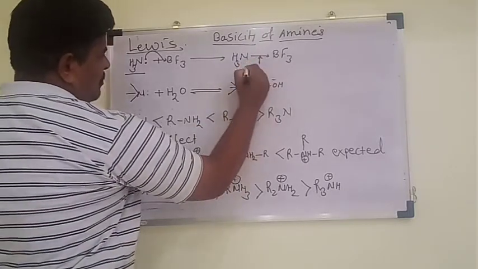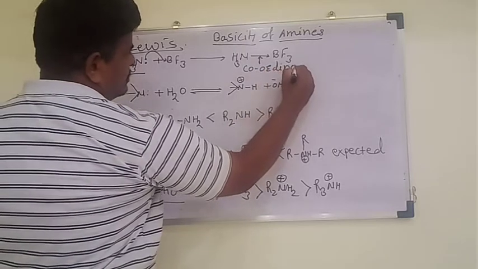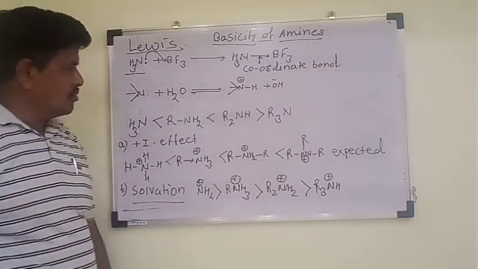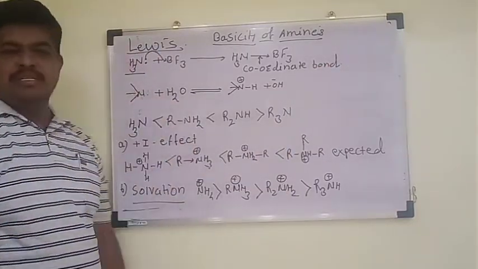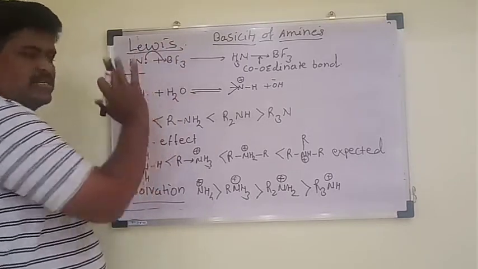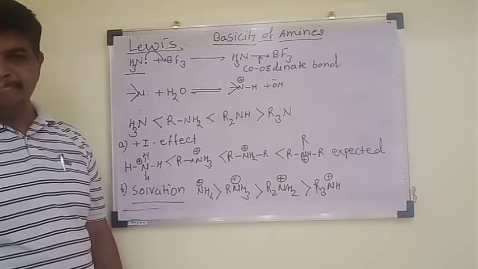This bond formed is called a coordinate bond. So according to Lewis acid-base theory, this substance is a base. So ammonia is basic in nature.